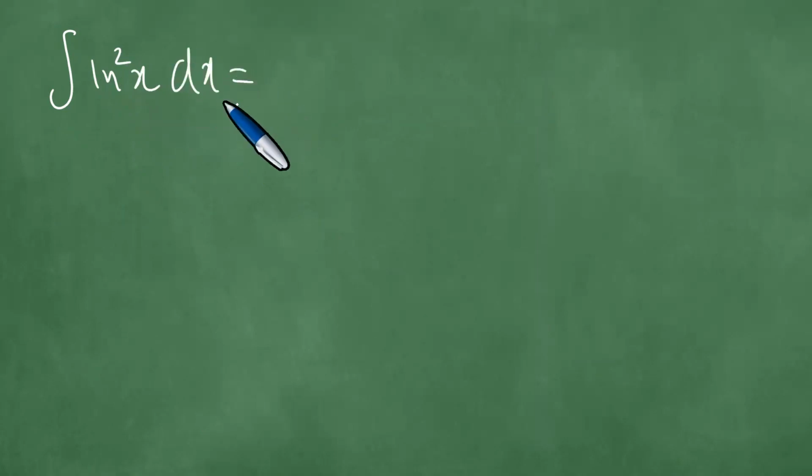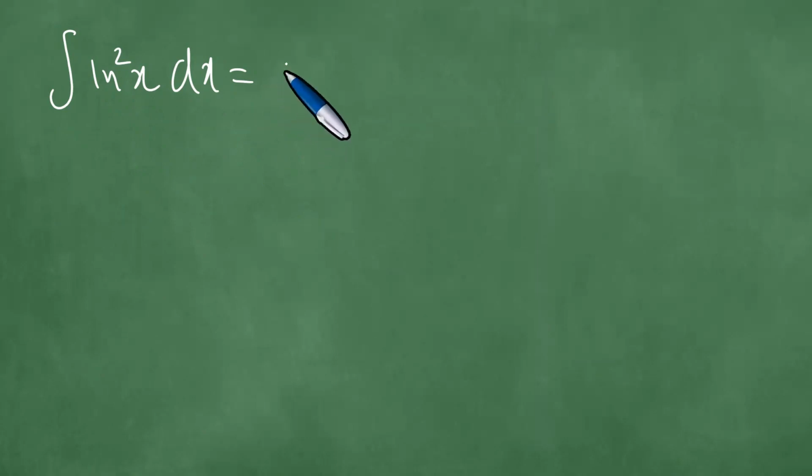What's the answer? The integral of ln squared x dx. It must be first u. What is u?